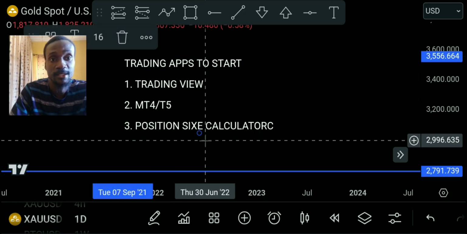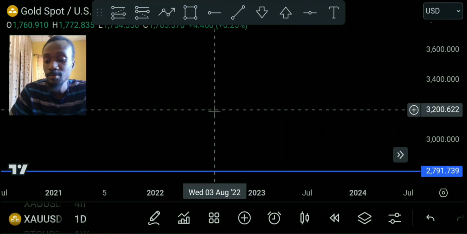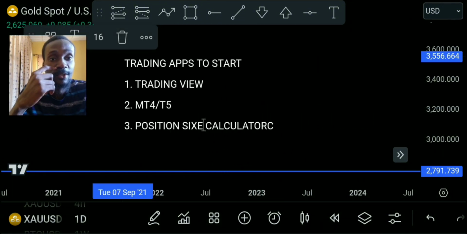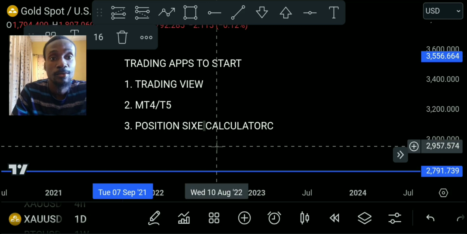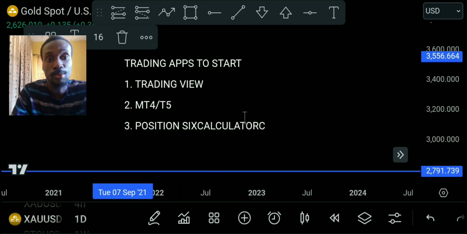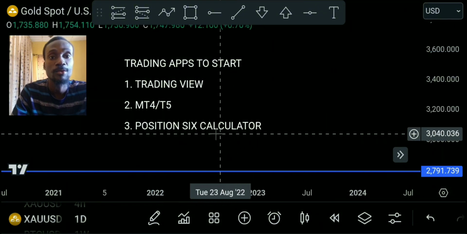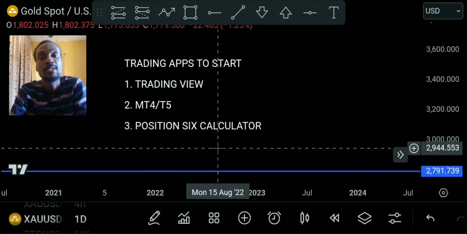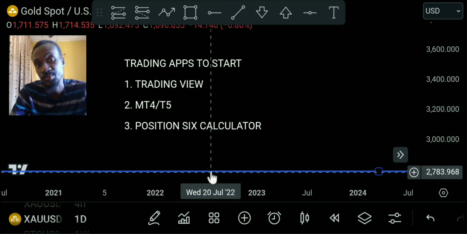And the last one is the position size calculator. The position size calculator is the one that you use to calculate your margin and your positions, like how much you are willing to risk.